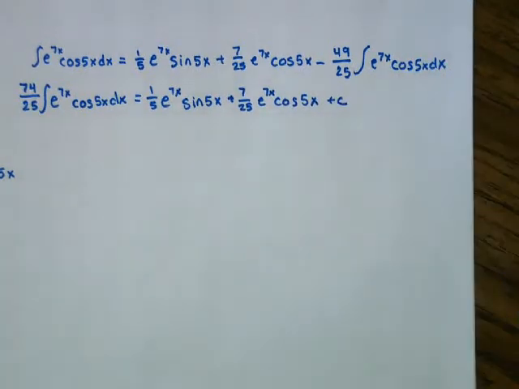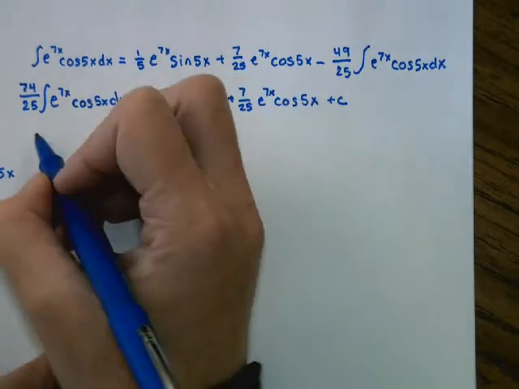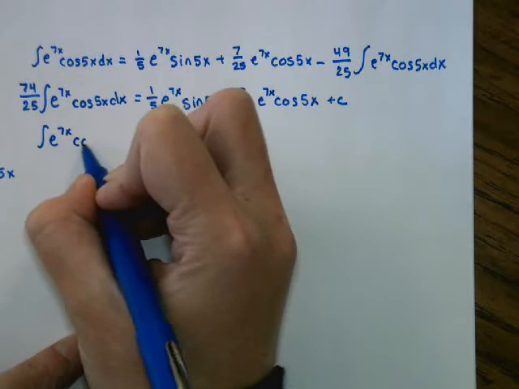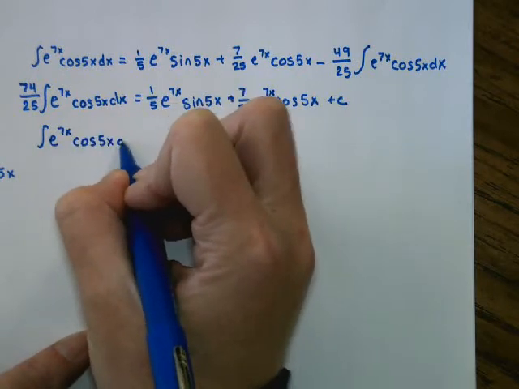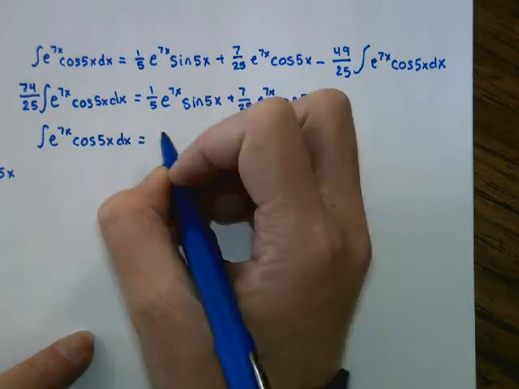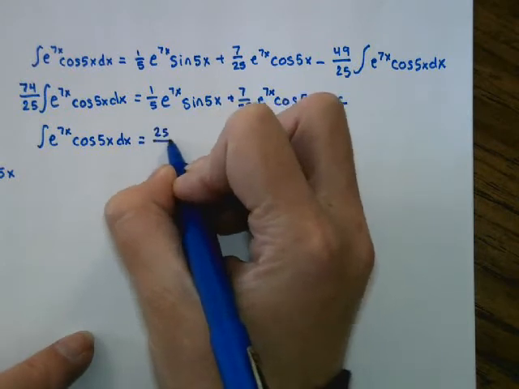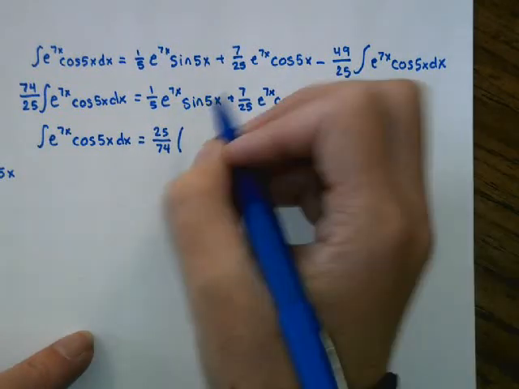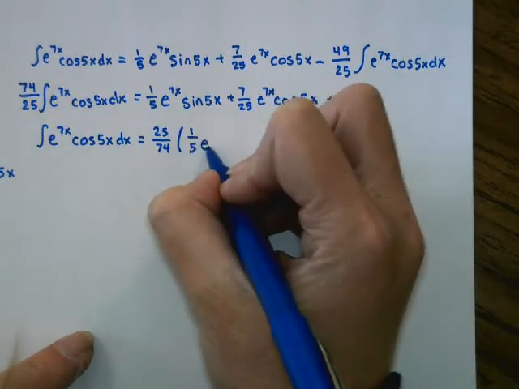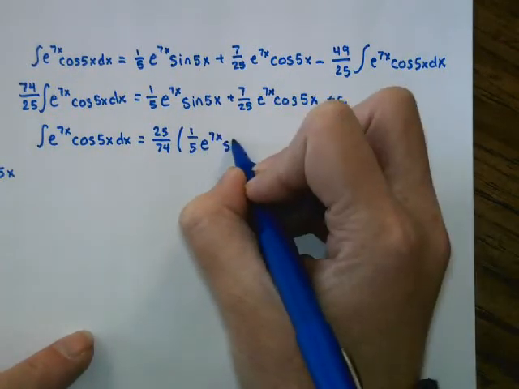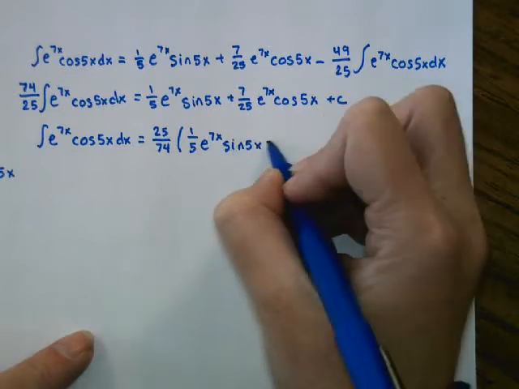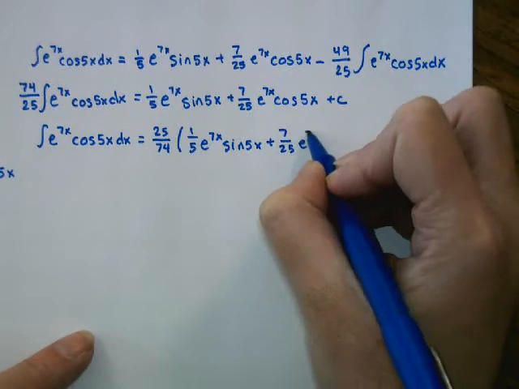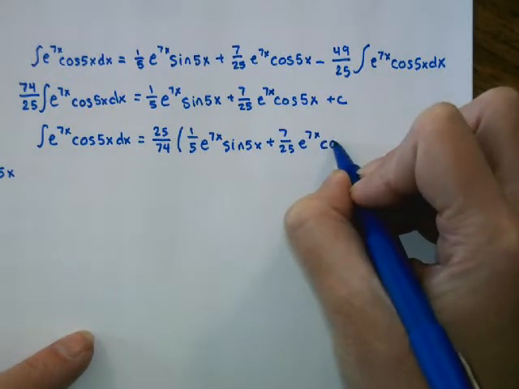So we're going to multiply by the reciprocal of this. So my final answer, the integral of e to the 7x cosine 5x is equal to 25/74 of all this. And you could distribute that through and simplify if you want, but you do not need to.